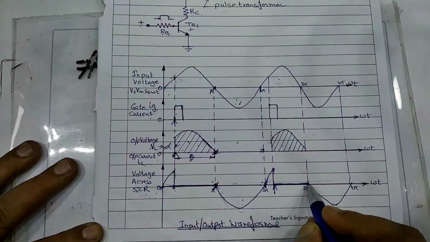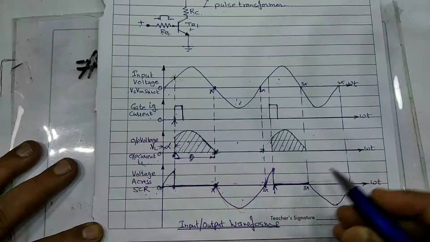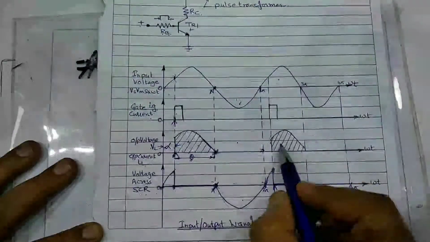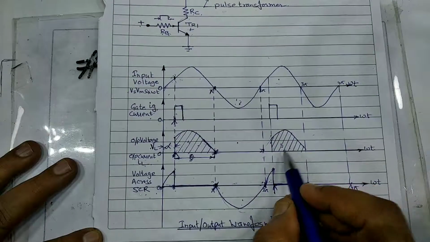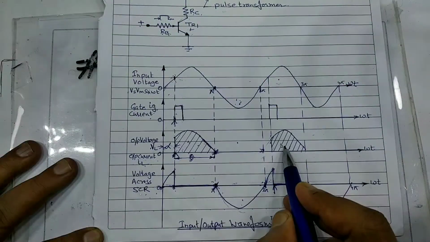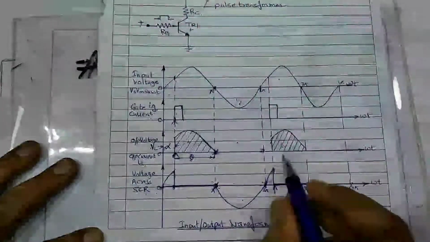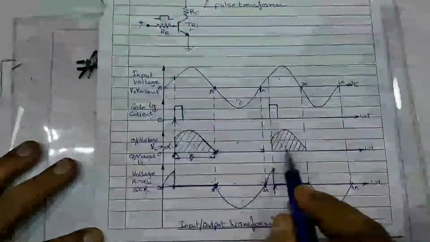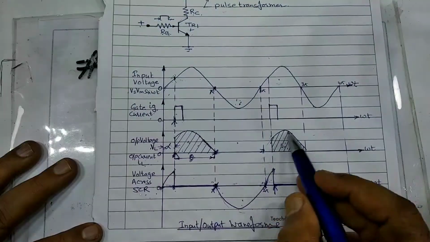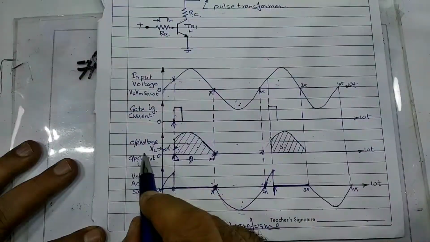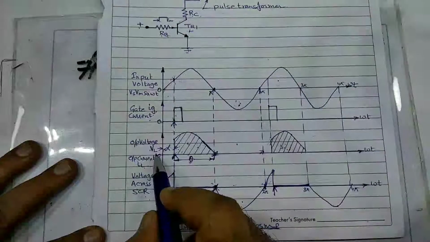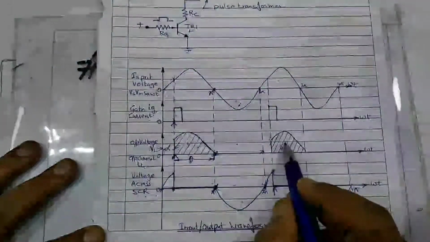So the voltage across the SCR becomes 0, the voltage across the load appears, and the current through the load appears. So this is the load voltage and load current. Since the voltage and current are in phase with each other, the same waveform is applicable for output voltage or load voltage and load current.